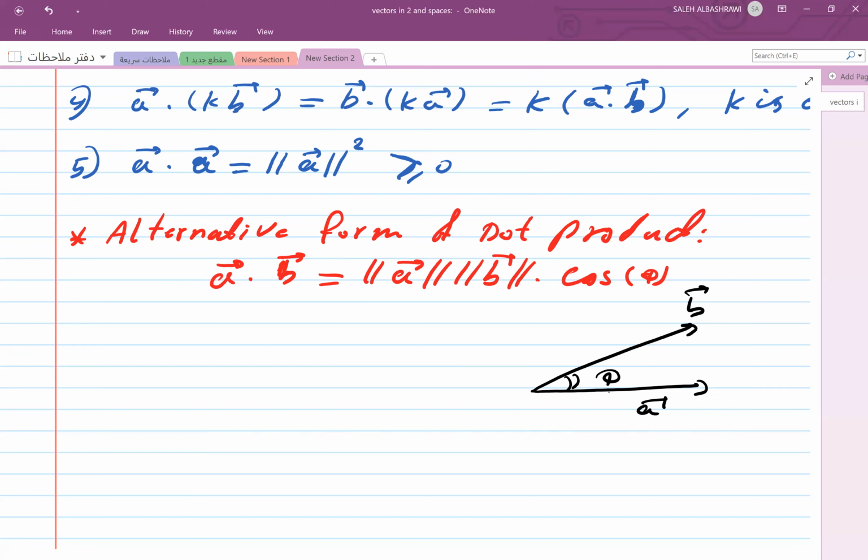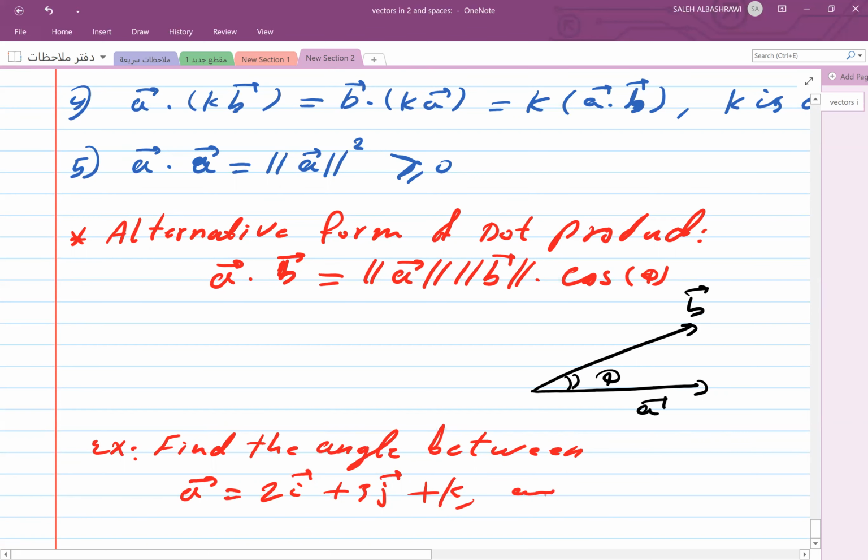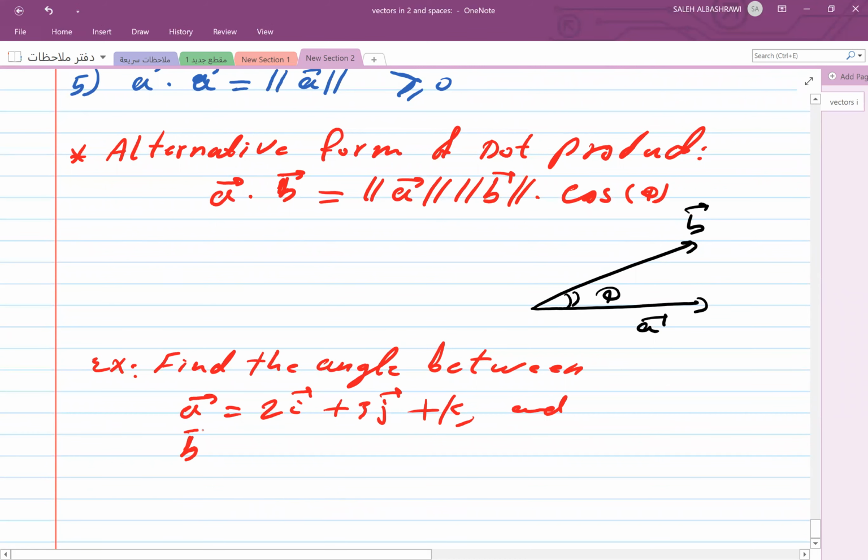And this can be used to find the angle between two vectors. For example, find the angle between the vector A, which is equal to 2i plus 3j plus k, and the vector B, which is equal to minus i plus 5j plus k.